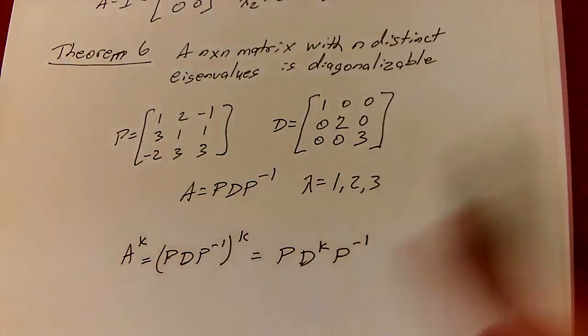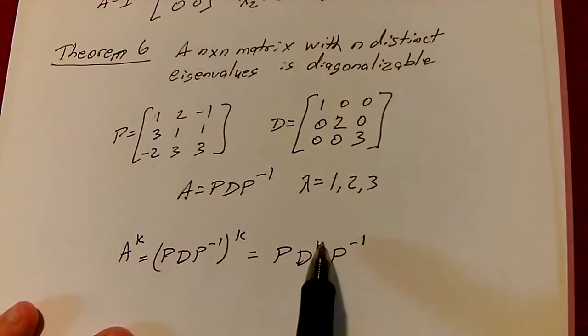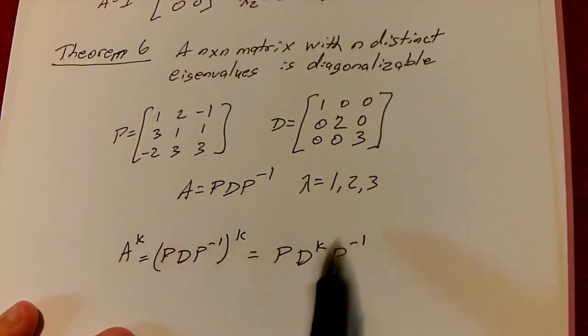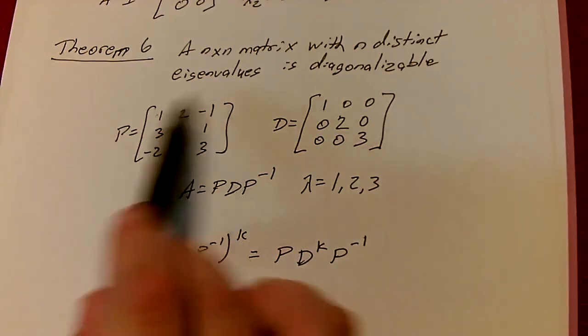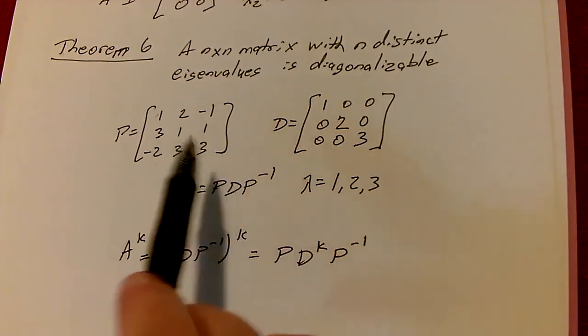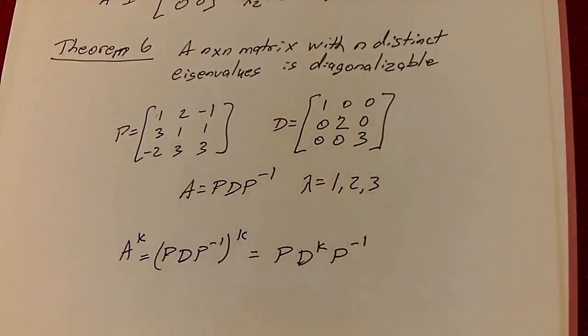It will expand and then they'll all collapse on each other, leaving us with just the K power on the diagonal. So if you need A to the K and you know D, you can compute A to the K much easier than having to multiply out. A here is going to be pretty messy if you look back at that previous example with P and D. So you can use that property as well to help you solve some problems and solve some properties as it pertains to matrices.